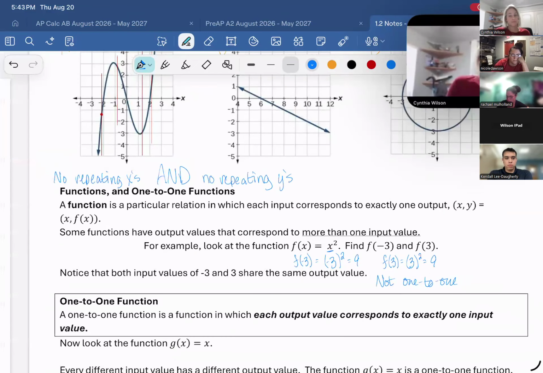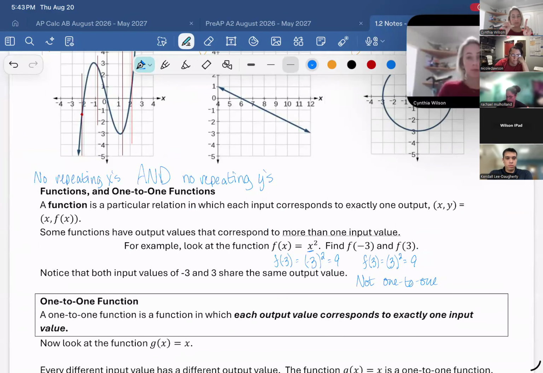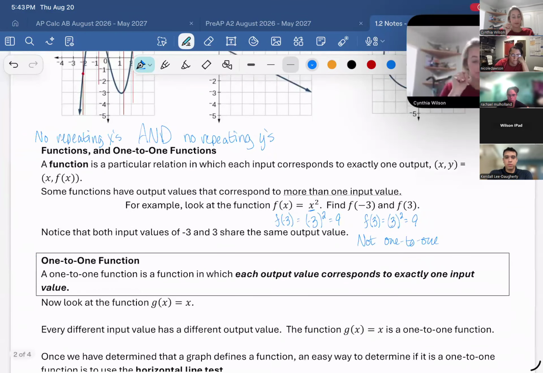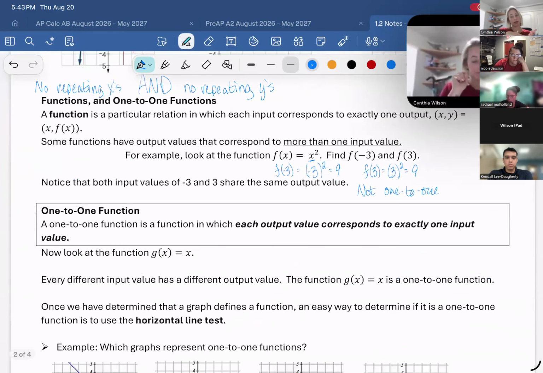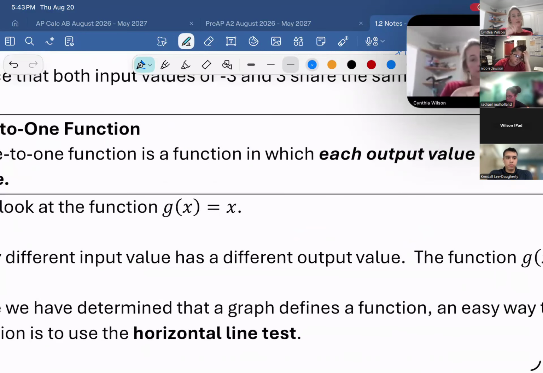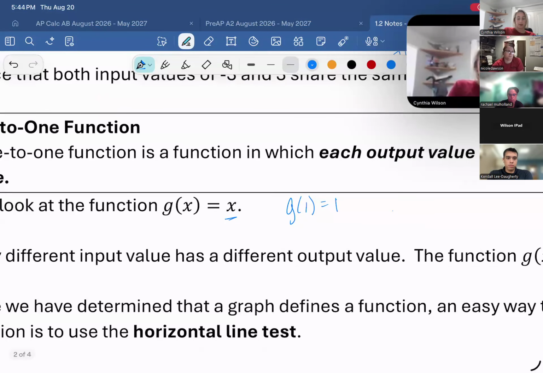So one-to-one has one x to one y. None of the x's repeat, none of the y's repeat. If I've got a function like g of x equals x, any x I plug in, I'm going to get a different value. Let's say I plug in a 1. Well, g of x would be 1. What if I plug in a 2?